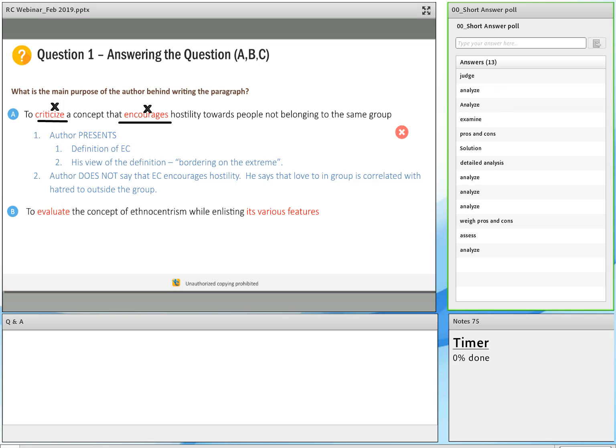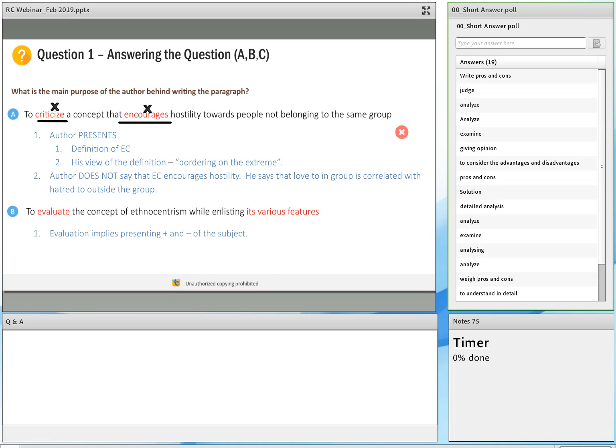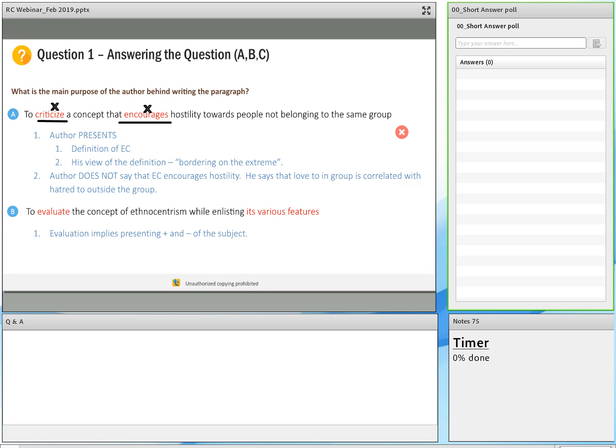And again, if you guys have questions, please don't put those questions in the short answer pod. Put those questions in the Q&A pod, which is below the presentation. So evaluate means presenting the positives and negatives. Does the author present positives and negatives? No, he doesn't.